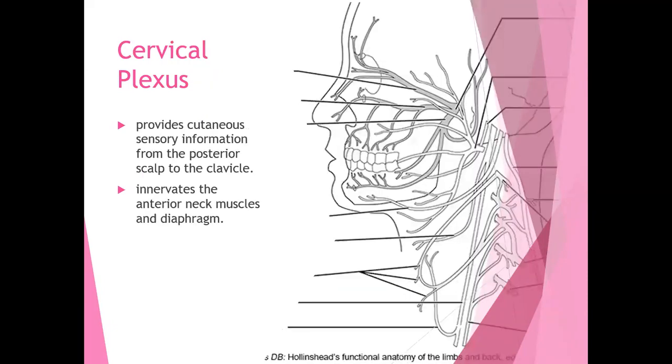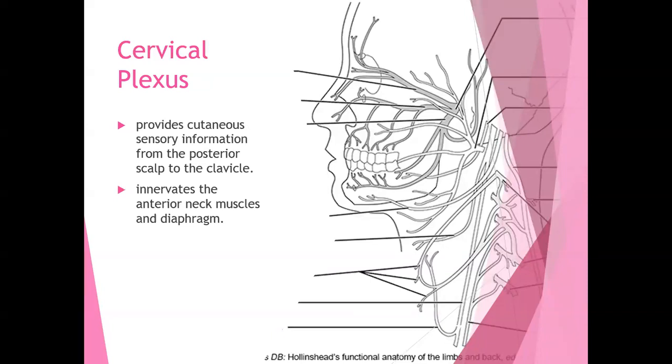The cervical plexus arises from the anterior rami of C1 to C4, and they lie deep to the sternocleidomastoid muscle. The cervical plexus provides cutaneous sensory information from the posterior scalp to the clavicle and innervates the anterior neck muscles and the diaphragm.